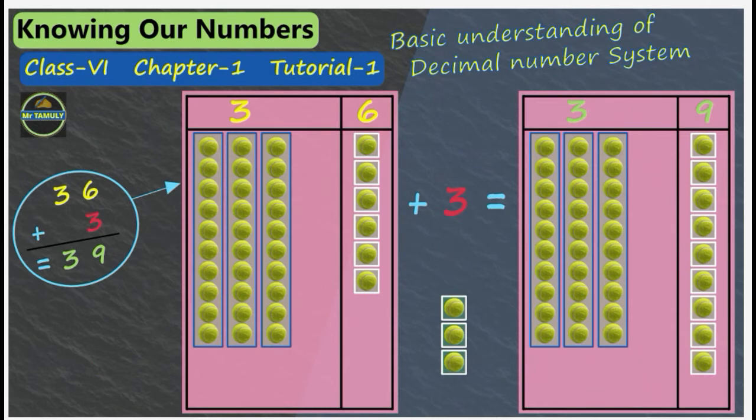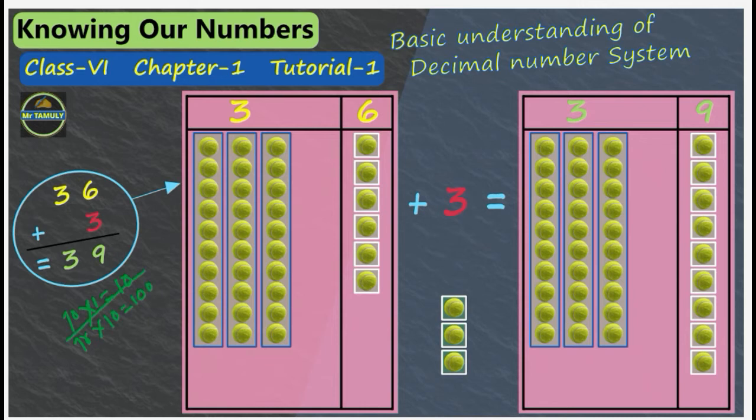The second important concept about the decimal number system that we are trying to understand here is 10 ones make a 10, and 10 tens make a 100.